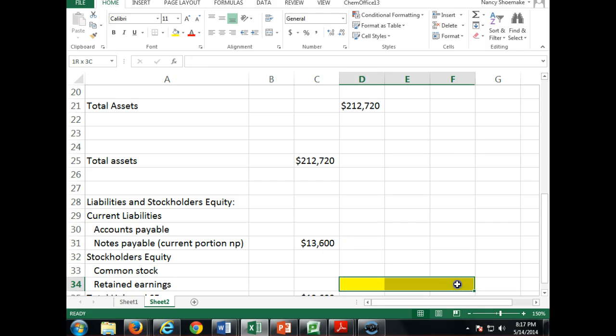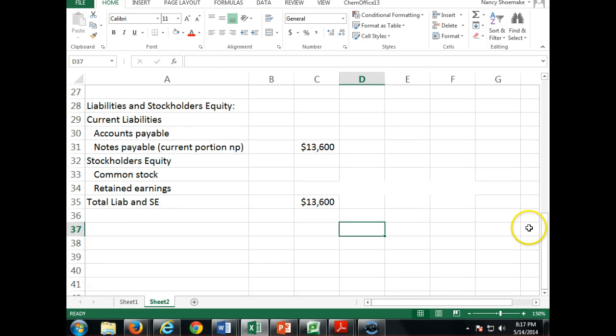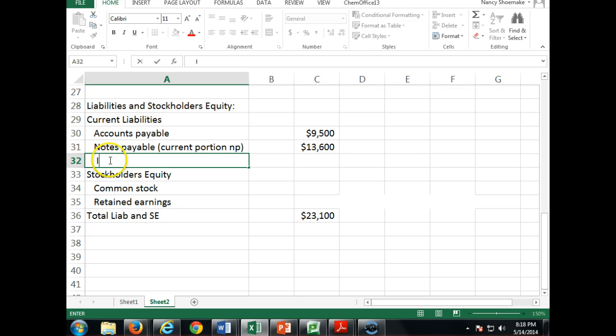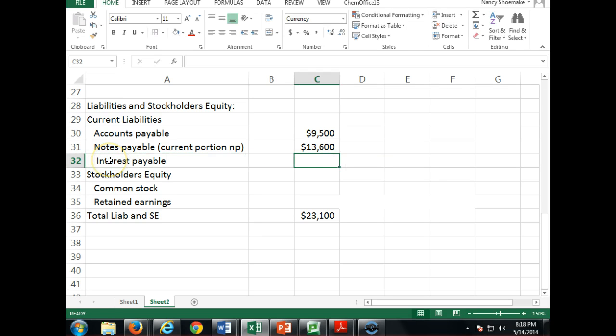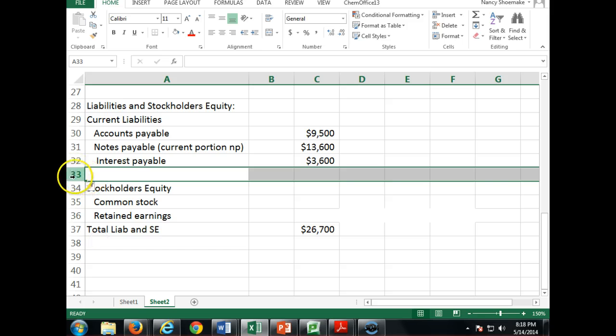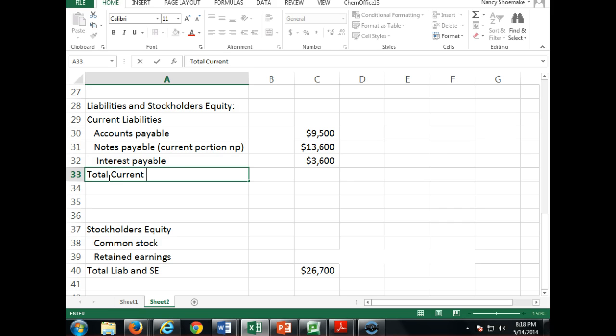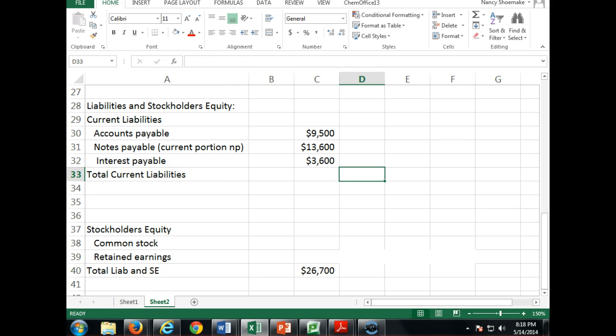What else do we have? Accounts payable? What is the accounts payable? 9,500. What else could be a current liability? Interest payable of 3,600. So our total current liabilities are how much, guys? 26,700, right?